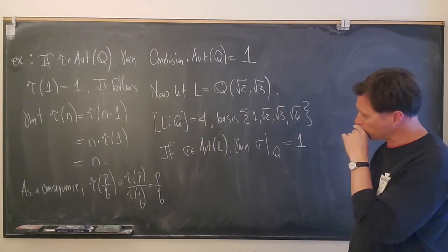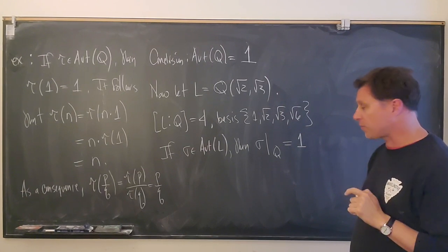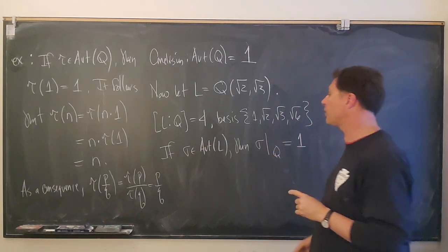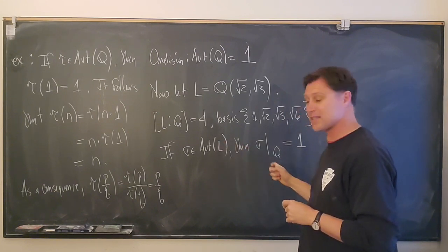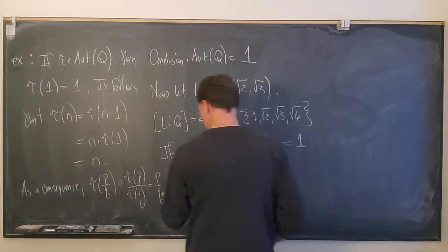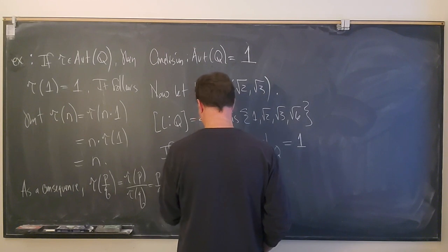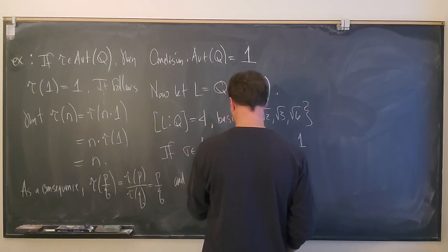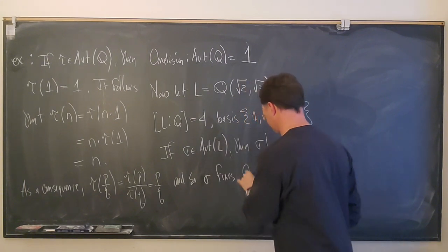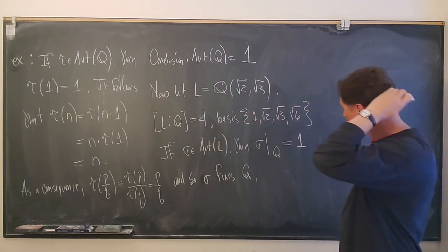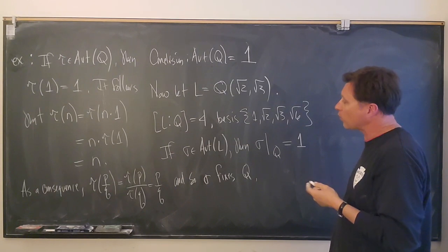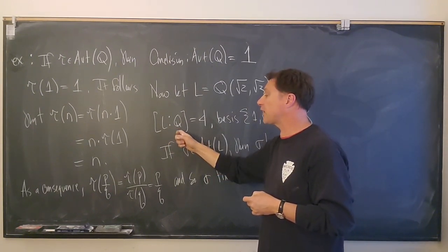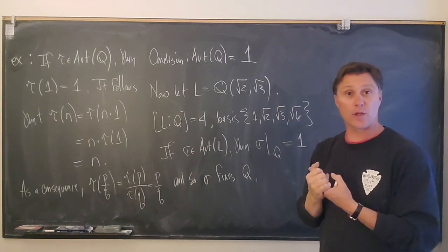And so, we saw this before. What this means is that every automorphism of L has to fix Q. And when we're considering an automorphism of an extension that happens to fix Q, then something good happens.